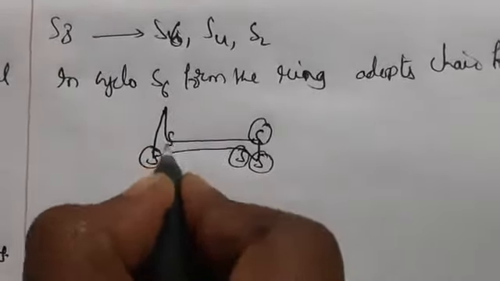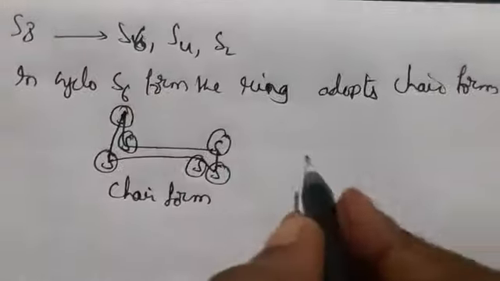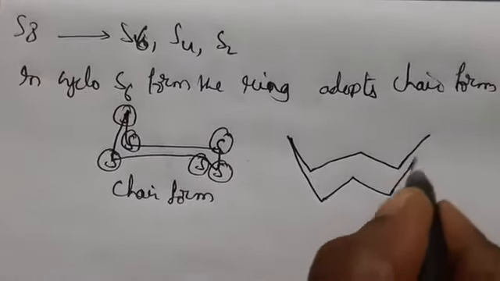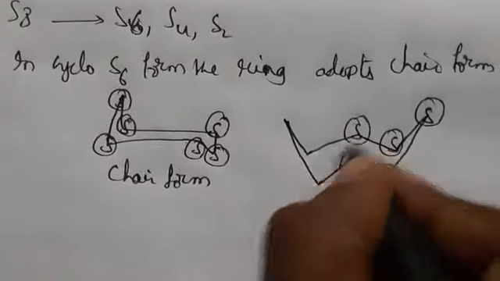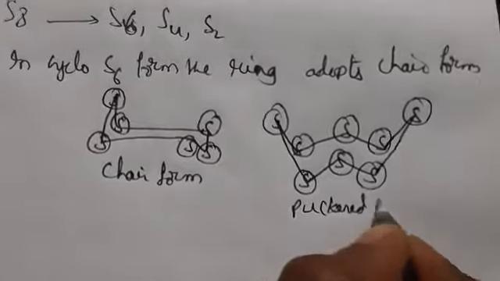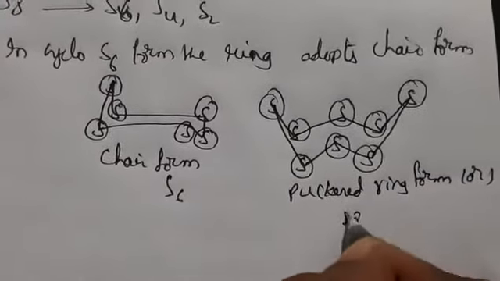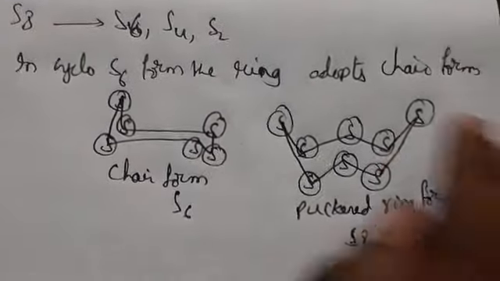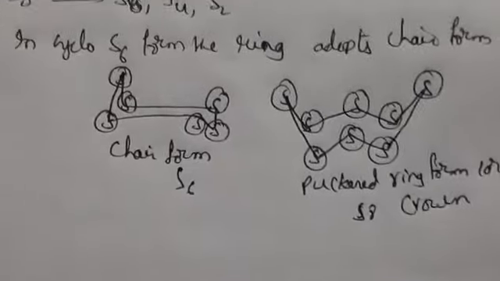So this is the S8 ring in rhombic sulphur.